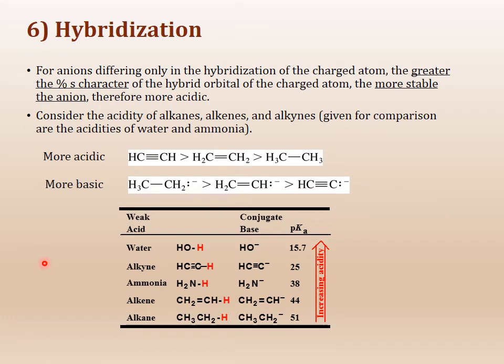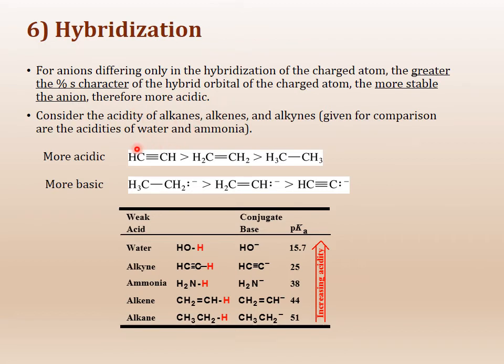Now let's look at hybridization. This is a simple concept again. The more S character there is in the hybrid orbital, the more acidic it will be. We learned three different kinds of hybridization: sp, sp2, sp3. In the case of sp, you have a 50-50 character of S and P. In the case of sp3, the S character is only 25%, which means that sp hybridization is the most acidic one.